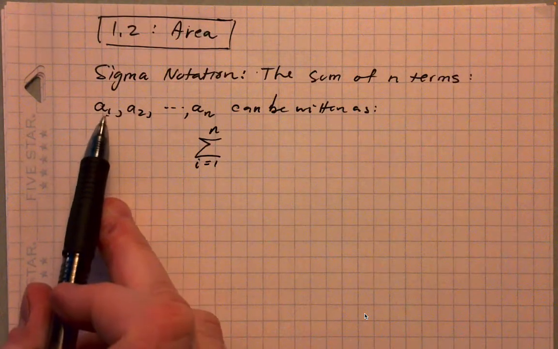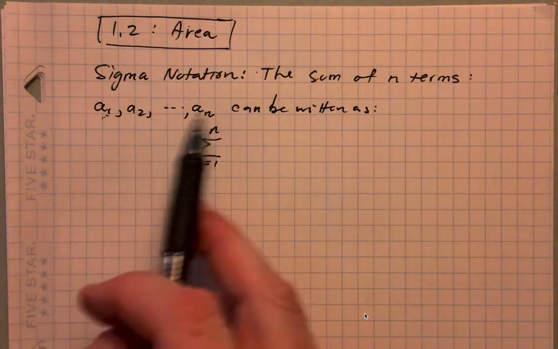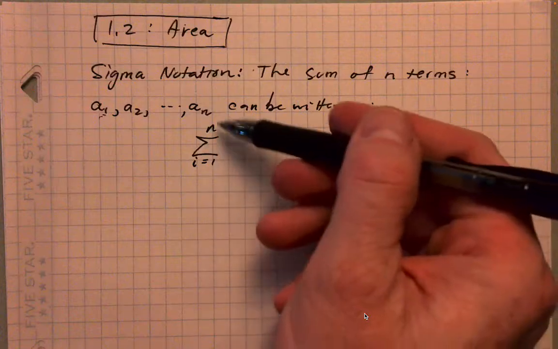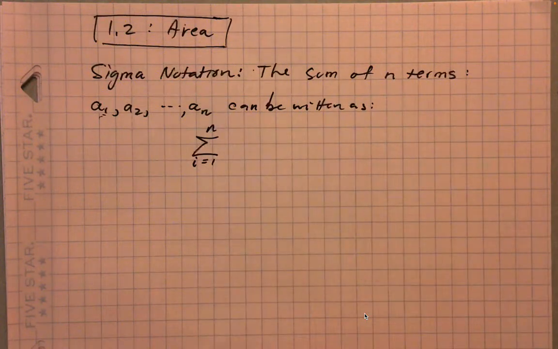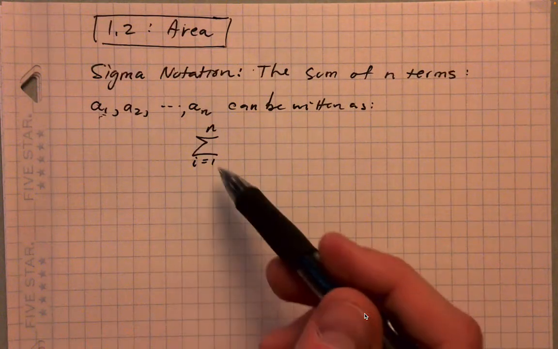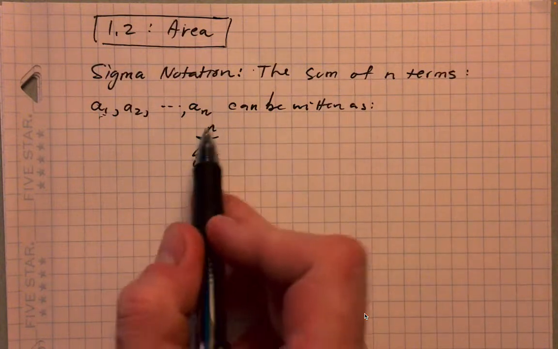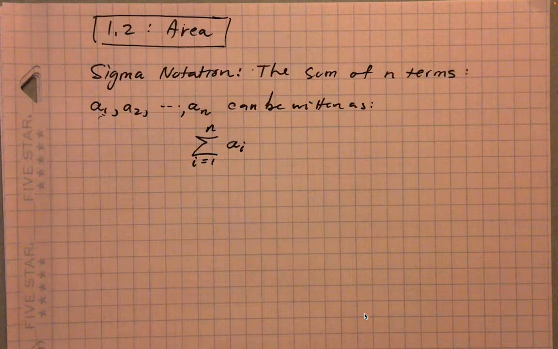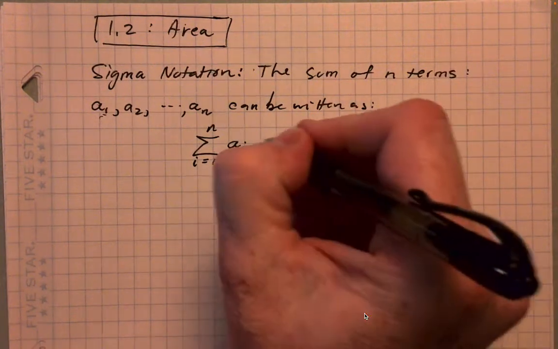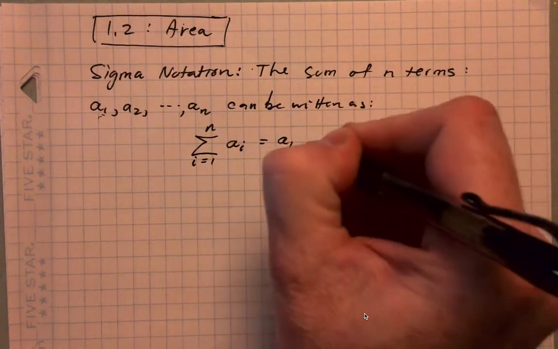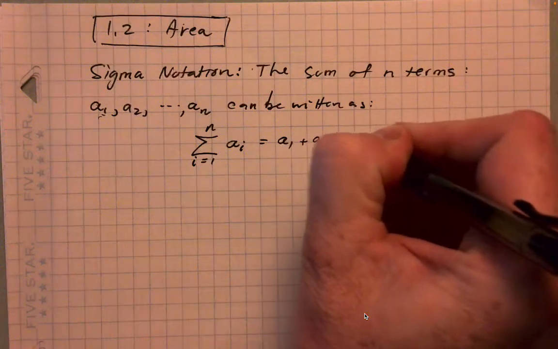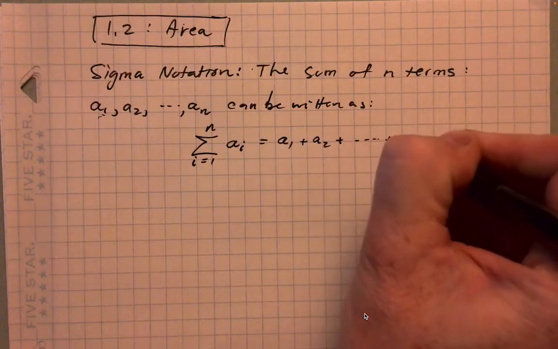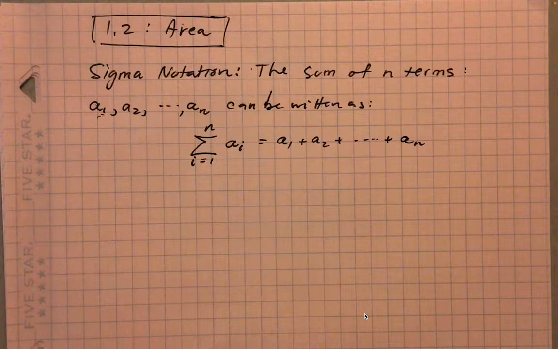In this case, the indices range from 1 up to n, and so the sigma notation would say the sum of something from i equals 1 up to n, and the something in this case would be denoted as A sub i. And that's literally just equal to A of 1 plus A of 2 plus, and so on, all the way up to A of n.